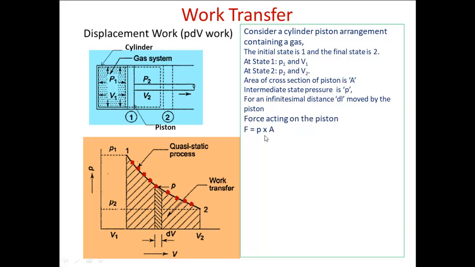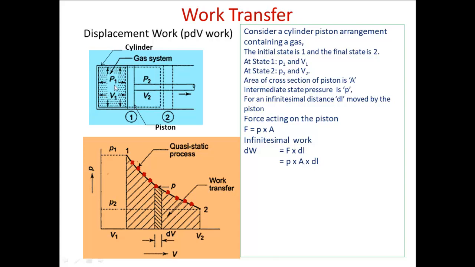For this movement of infinitesimal distance dl, I want to calculate the force acting on the piston. Force is given as pressure into area. To determine the infinitesimal work for a movement of dl, or for a swept volume of dV, work is force into distance traveled. This small work dW is F into dl, and force is nothing but pressure into area. So replacing F by P into A, we get PA dl.